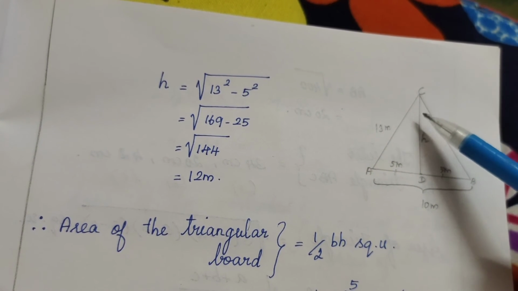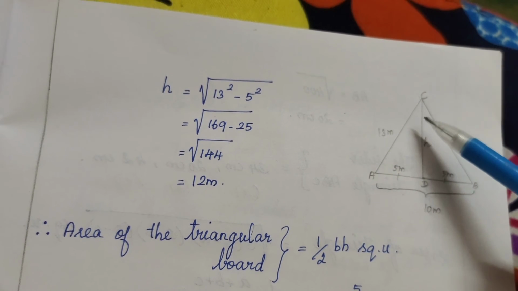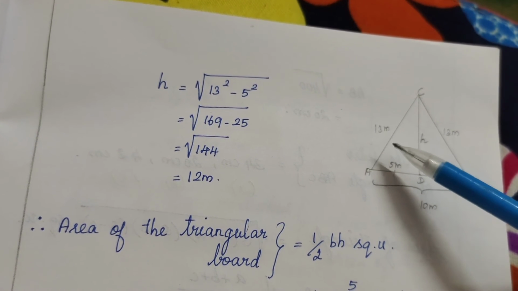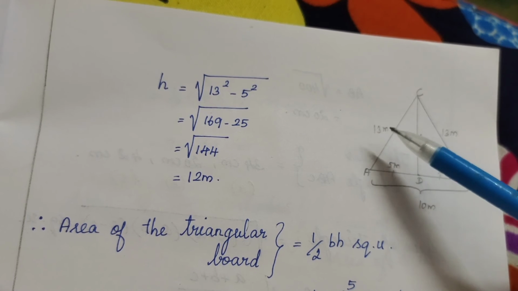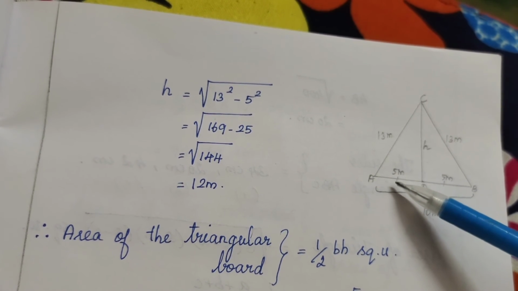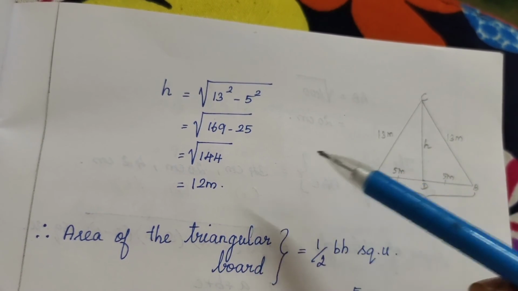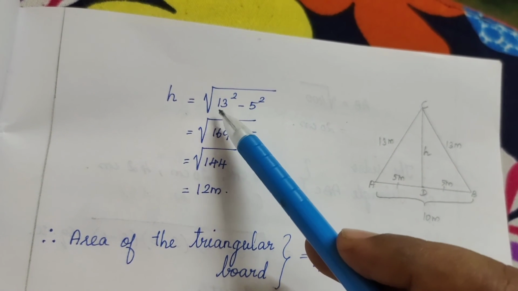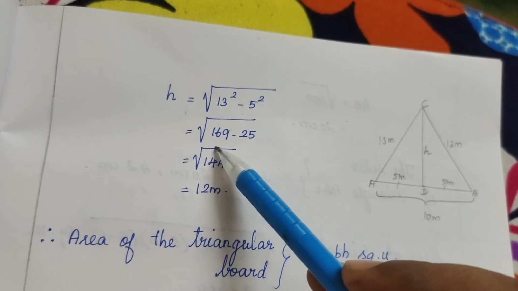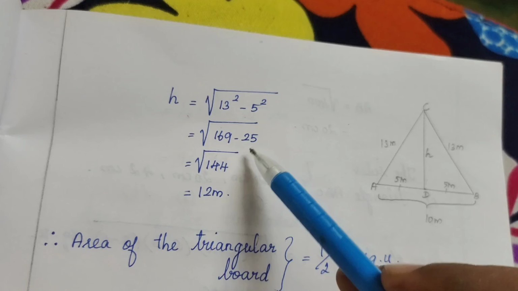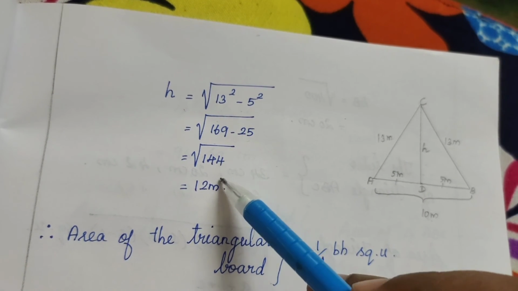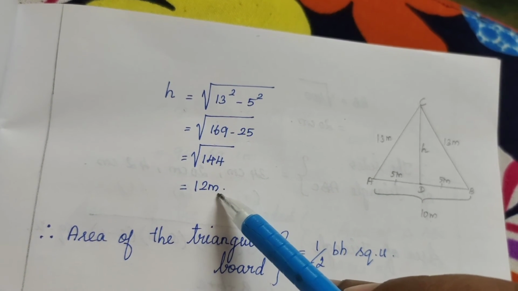If we want to find the value of this height, that is CD, we have to take the square root of 13 square minus 5 square. That's why h equal to root of 13 square minus 5 square, that is 169 minus 25, that is root of 144, that's equal to 12 meter.